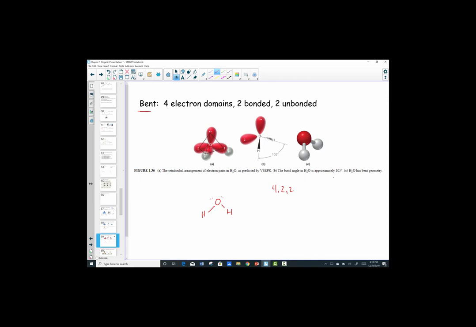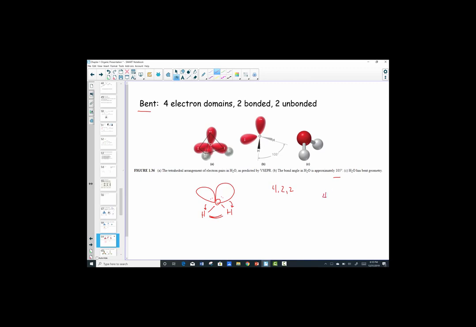And the bond angles are about 105 degrees, knowing that we have two electron-rich areas that are going to decrease the bond angle between these two hydrogens, just knowing that electrons take up more space, if you will. That electron cloud needs more space, and it pushes the hydrogens a little bit closer together.